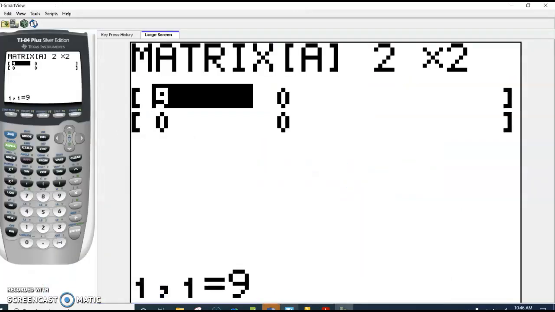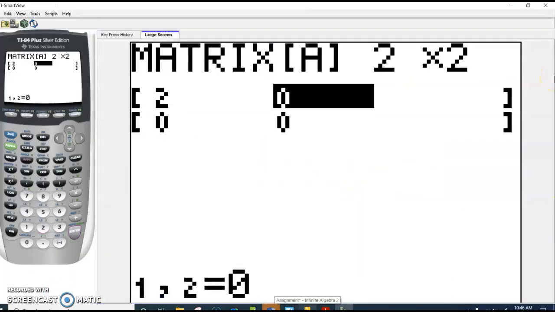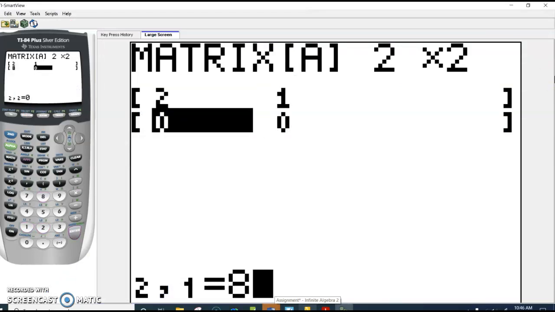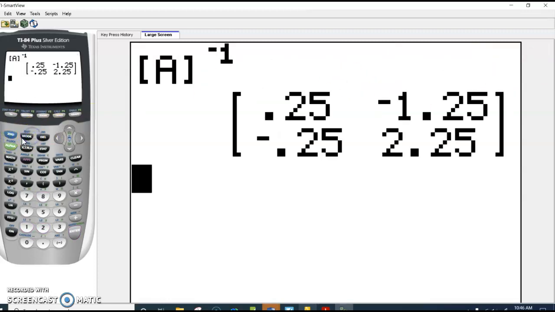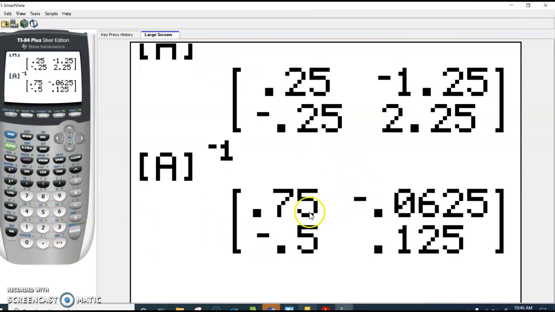It's 2, 1, 8, 12. Okay, and I'm going to press second and mode to get out of that. I'm going to press second matrix again, press enter on 1, and then press x to the negative 1, and I get 0.75, negative 0.0625, negative 0.5, 0.125.